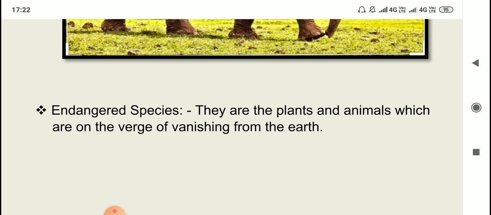Okay, so endangered species means they are those plants and animals which are on the verge of vanishing from the earth. Means not even a single individual of that type will be present in near future if we do not do anything for them. So such species are endangered species.